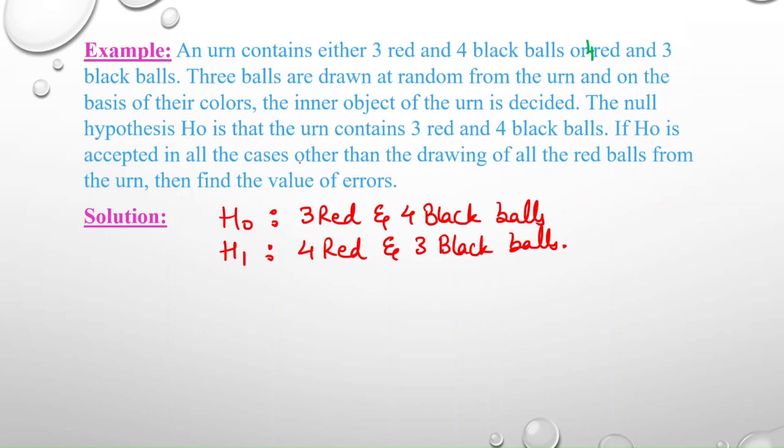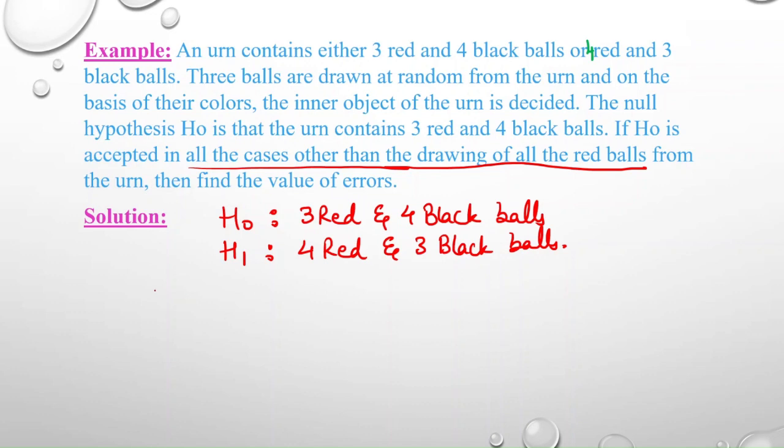Now we have to find the type 1 and type 2 errors. For that we must know the critical region, the acceptance region, the rejection region. Now H naught is accepted in all the cases other than the drawing of all red balls, that means all 3 balls are not red. It could be either 0 red, 1 red, 2 red, but all should not be red.